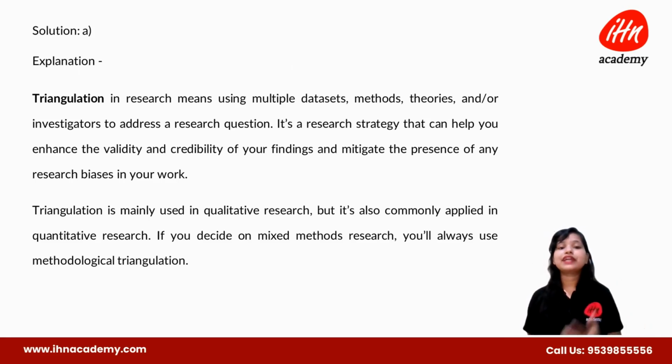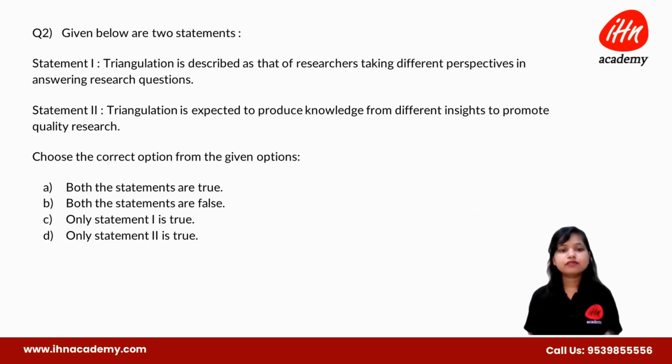That is the method of triangulation, right? The first statement says it is described as taking different perspectives in answering research questions, so it is 100% true. The next one says it is expected to produce knowledge from different insights to promote quality research. It is also correct because triangulation is used to improve the quality of your research. So both the statements are 100% correct, right?